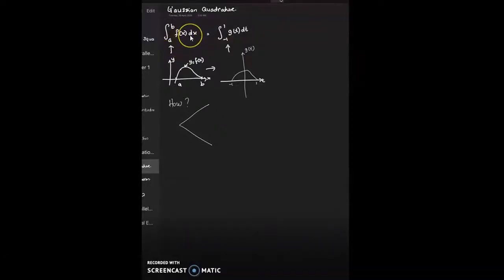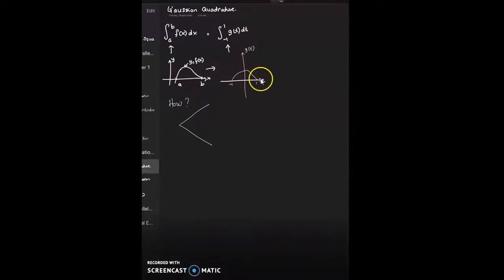In Gaussian quadrature, you have the integral between a and b of fx dx, and because the graph is symmetric, we transform it to another graph between -1 and 1. We standardize, we nondimensionalize the graph to g(t) dt. So you transform from x to t, you transform a and b to -1 and 1.